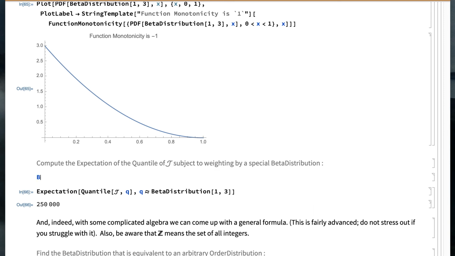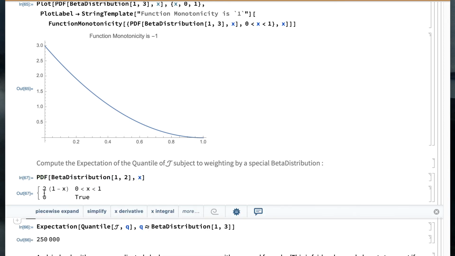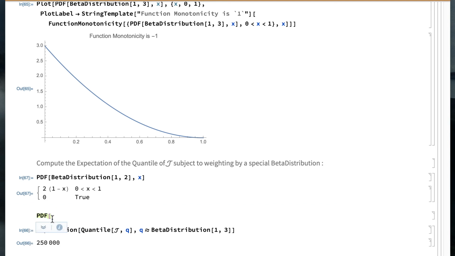And by the way, let's just look at the PDF of the beta distribution of 1, 2. And you'll see it's 2 times 1 minus x. Let's look at the PDF of the triangular distribution, 0, 1, peak at 0.